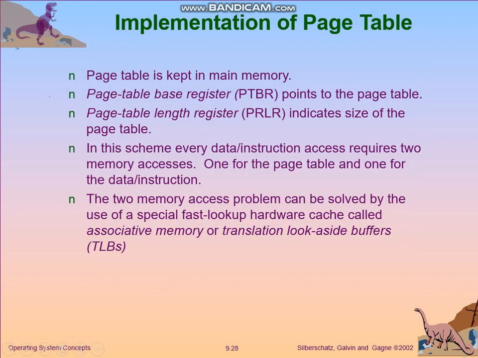Here this page table is implemented with different hardware architecture. You have a page table that will be kept in the main memory, a page table base register that will point to the page table, and a page table length register that indicates the size of the page table.